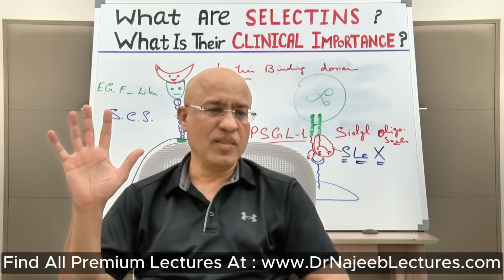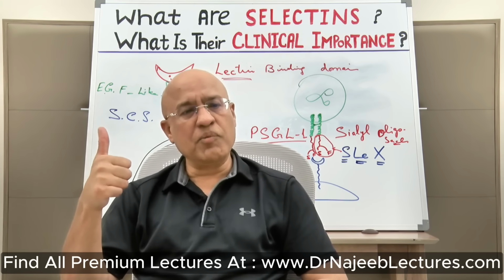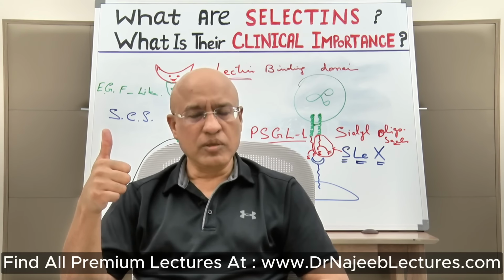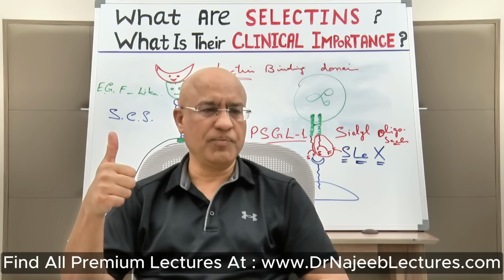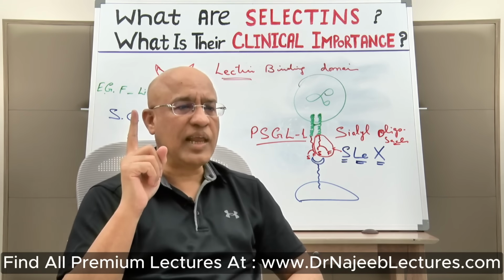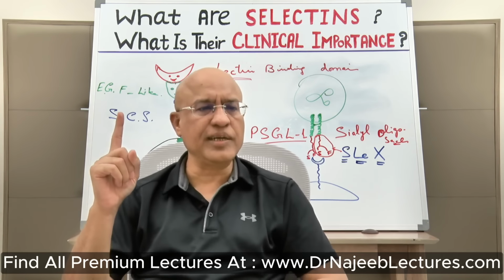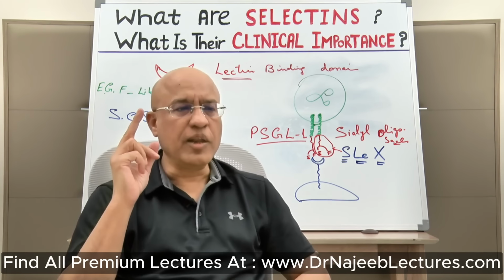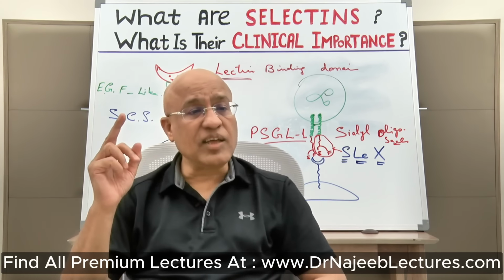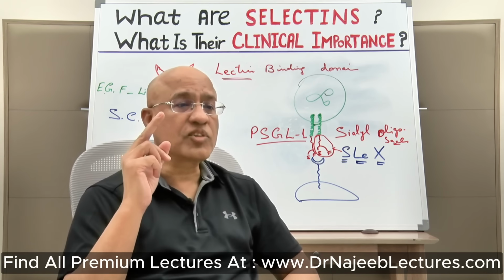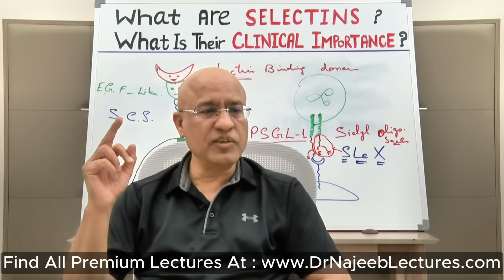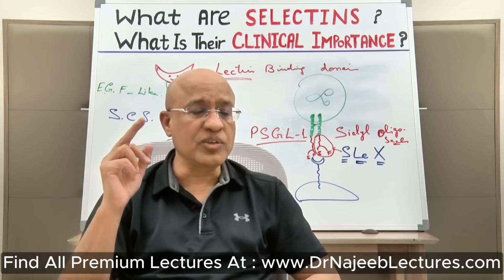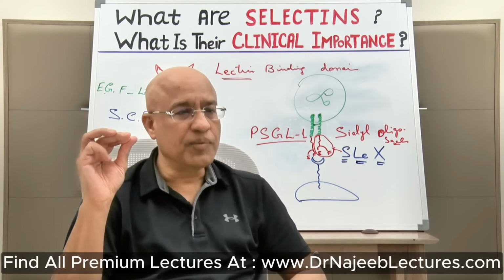Number 1, selectins play a role in recruitment of white blood cells during inflammation. Number 2, selectins, especially L-selectins on lymphocytes, help in the trafficking of lymphocytes. Number 3, selectins are expressed in ischemic tissue microcirculation, and they play a role in post-ischemic reperfusion injury.